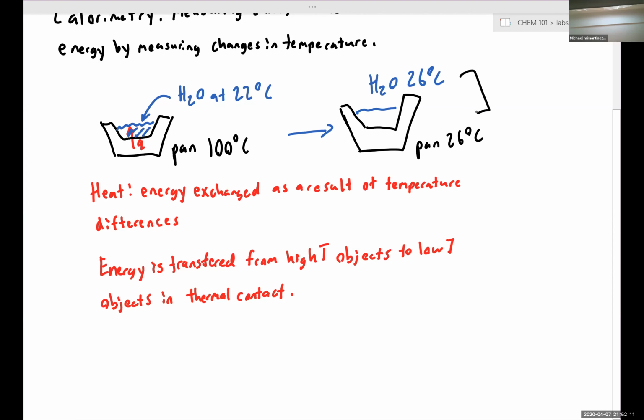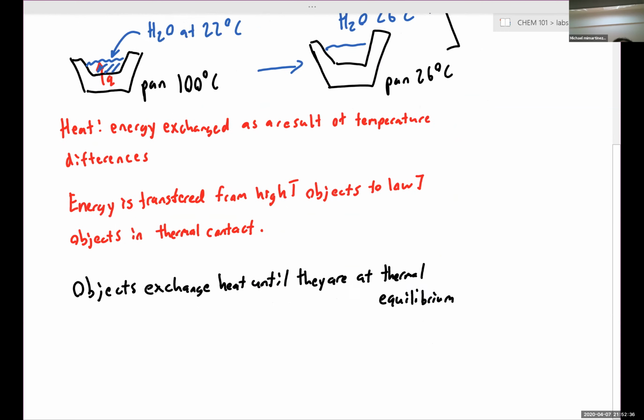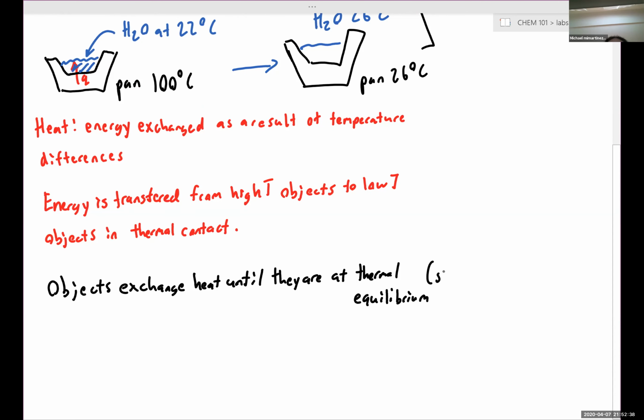So a critical feature of objects in thermal contact is objects exchange heat until they are at thermal equilibrium. Now, that's a really fancy word, but what it essentially boils down to is that they're at the same temperature.